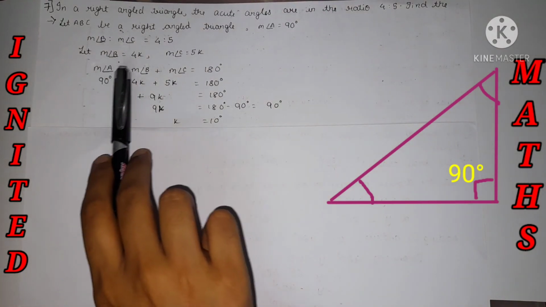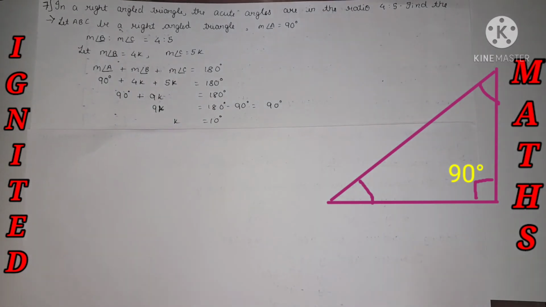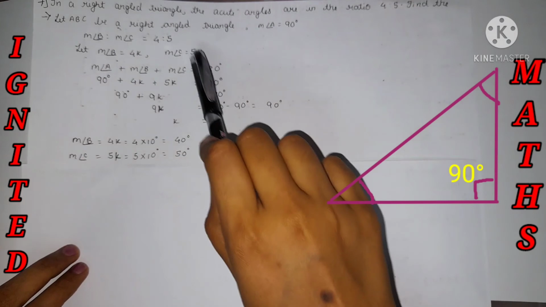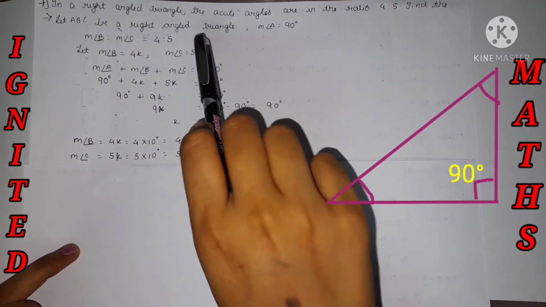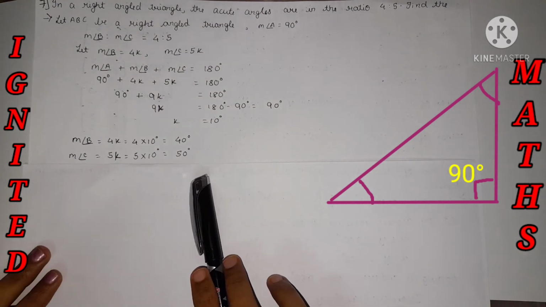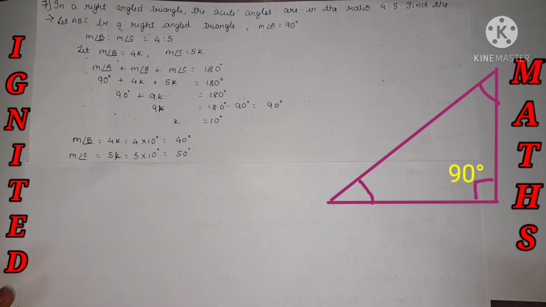Measure of angle B is 4K, so we put 10 degrees over here, and for the measure of angle C also, in place of K we put 10 degrees. Afterwards we get 40 degrees and 50 degrees. The other two are acute angles; we got the answer in acute angles only.